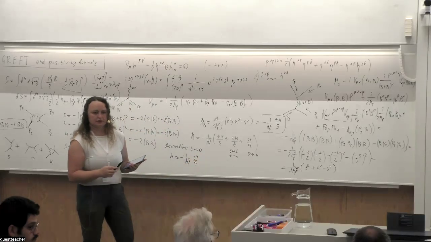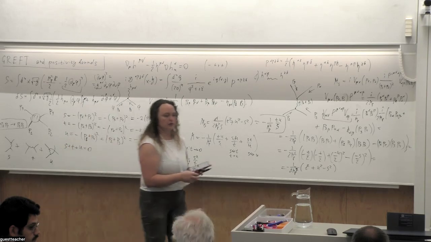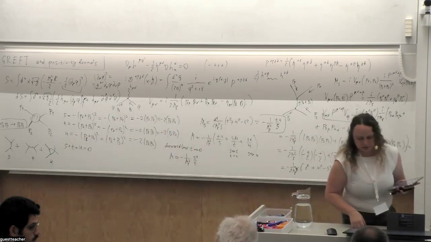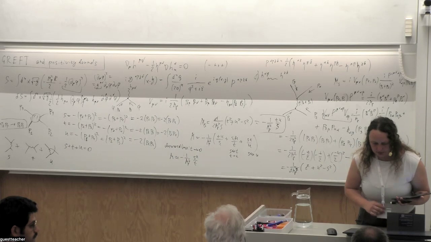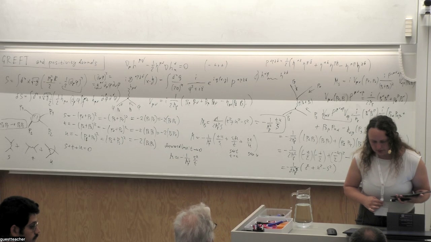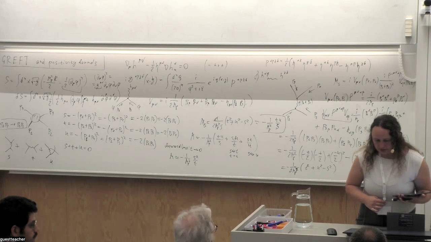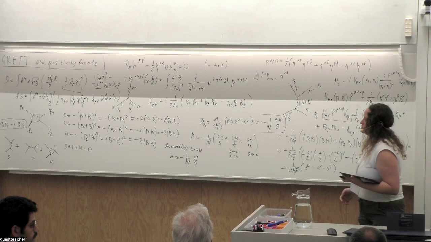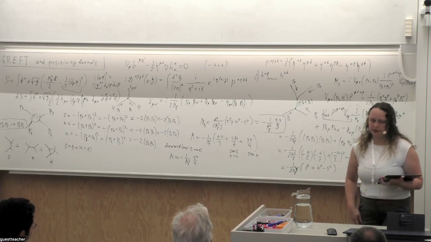Yes. There is a question online. What factor in the action decides the scale of the reaction process? At what energy should I expect this scattering? There is only one dimensional parameter in this model, it's Planck mass.